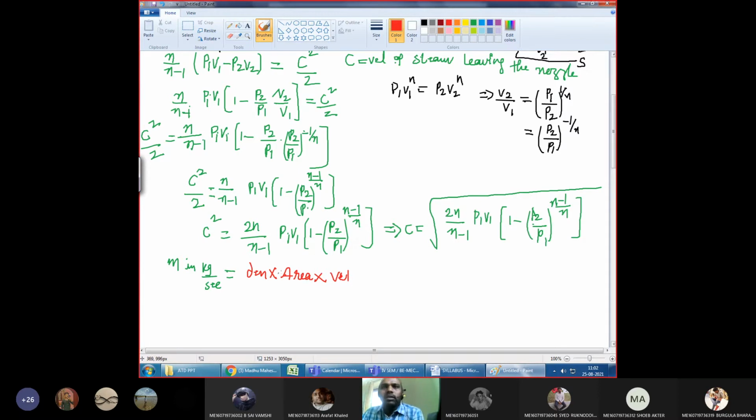Density is nothing but the reciprocal of specific volume, or I can write rho into A into C. Now at the outlet we are talking about, that is rho into A2, and C is the velocity at the outlet. So therefore A2 into C by specific volume at outlet.